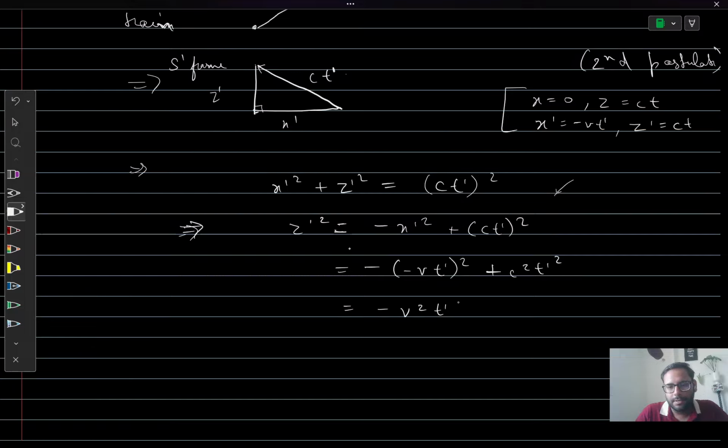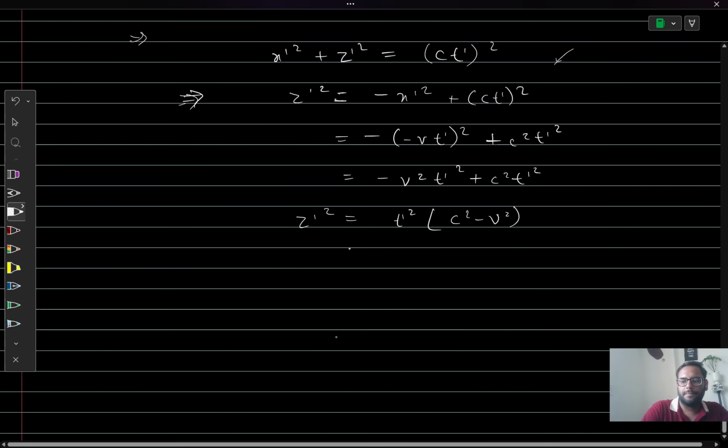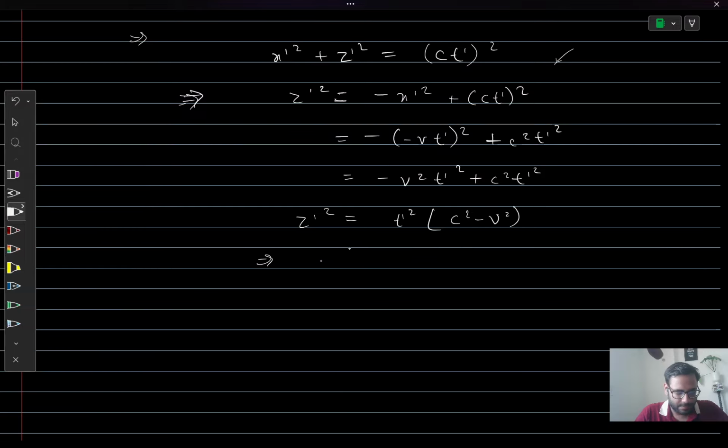And you will find that after taking the common factor, you will see c squared minus v squared. This is my z squared. Now of course my z, you can take it out, one minus v squared by c squared, and this is my z prime squared.